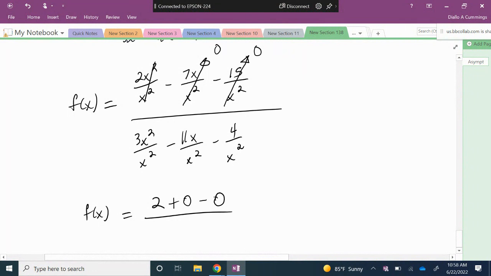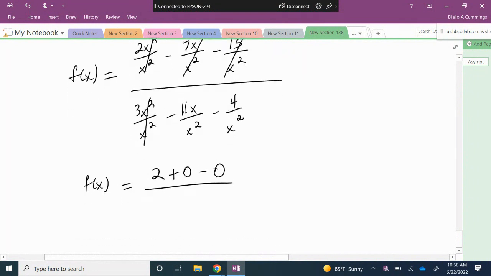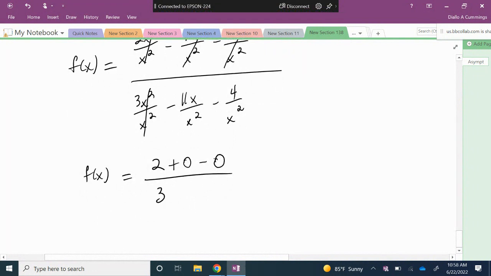If we look in the denominator, 3x squared divided by x squared, the x squareds cancel, and that term reduces to 3. 11x over x squared reduces to 0. And negative 4 over x squared also reduces to 0.